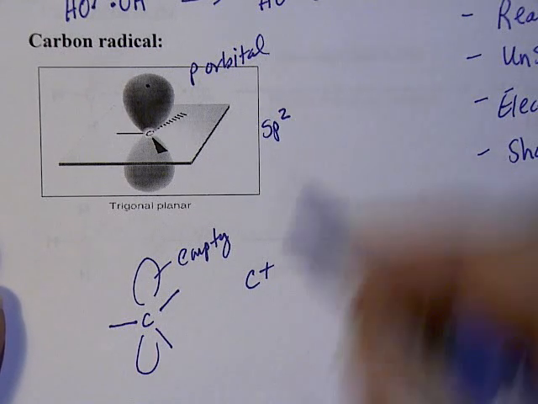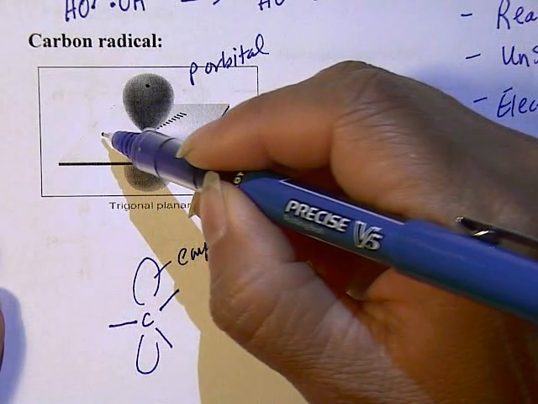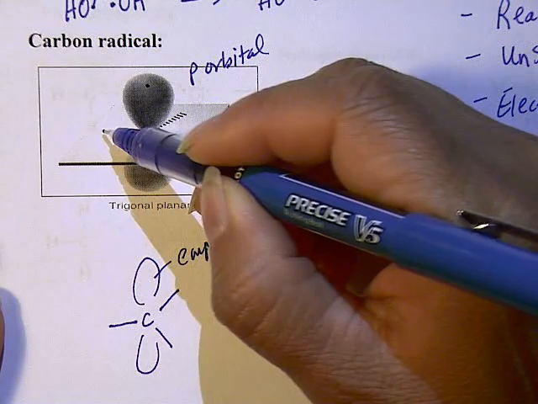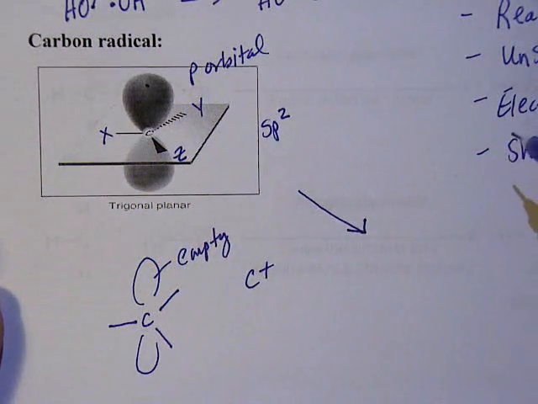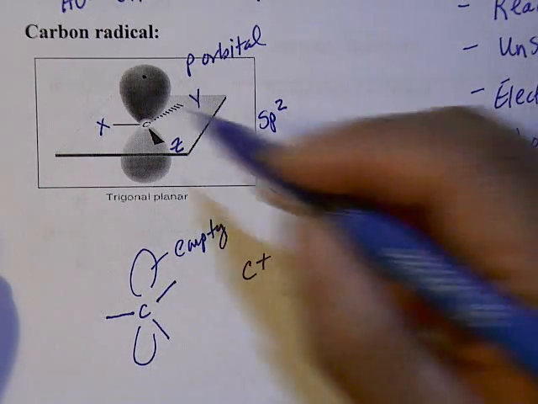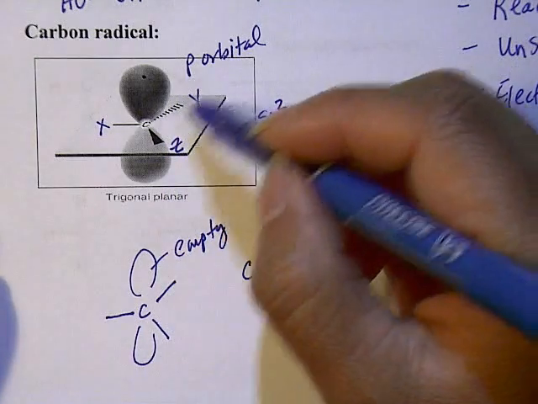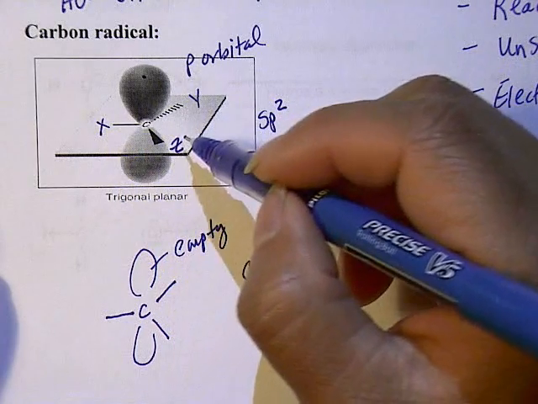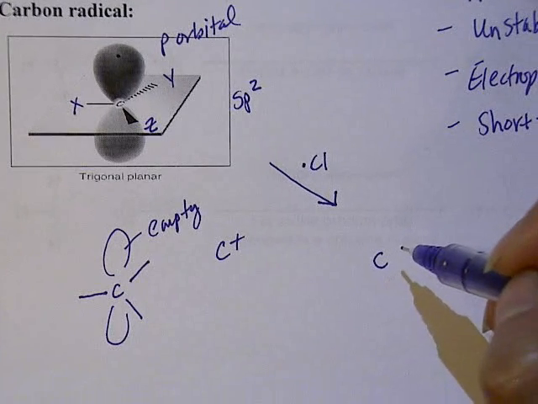All right, so that's how you could look at it. And so what would happen if you react the carbon radical, in which you have, let's say, X, Y, and Z as the 3 components attached to the carbon, with a chlorine radical? You're going to form a bond between this carbon and chlorine, and let's say X, Y, and Z are not chlorine, and you're forming a chiral center at this new carbon.